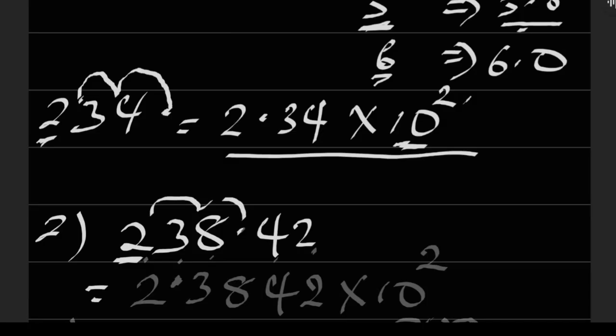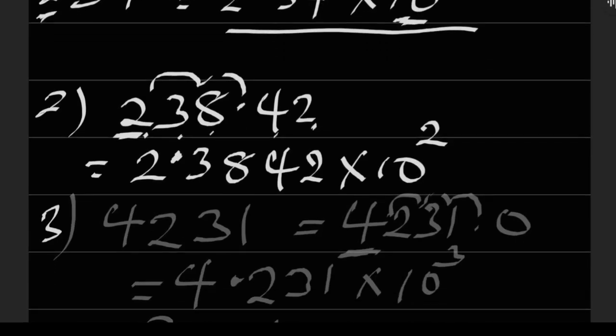So our answer will be 2.3842 times 10 raised to the power of 2, because it moved 2 times for it to be here. So you see, you cannot write this decimal here again. You can't write it there again because it has moved to this very place. Let's solve another example.